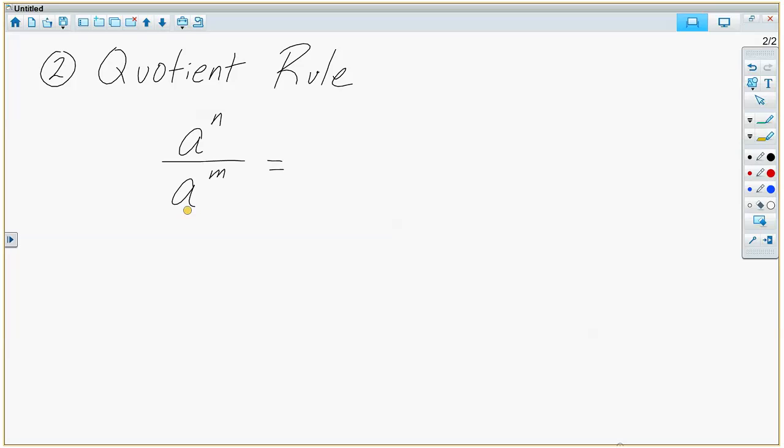I didn't hear anybody say anything. Well, what did you do when you multiplied them? You added them. So what do you think you're going to do if you divide them? Subtract them. So here's some examples. A to the fourth over a to the second is a to the 4 minus 2, which is what? A to the second.